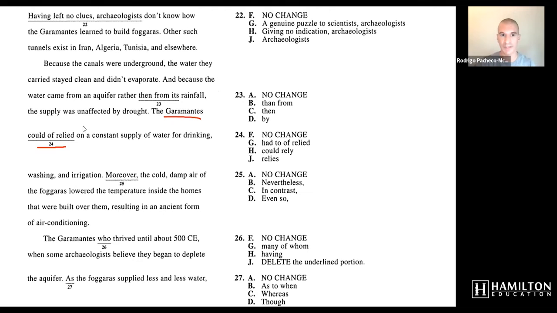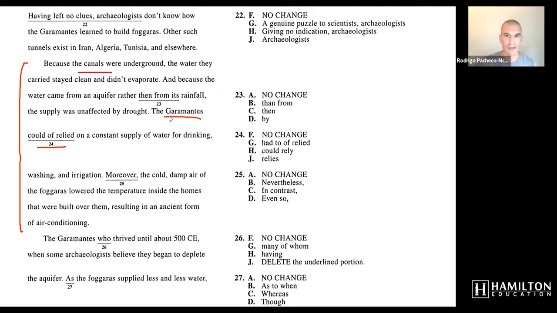So the Garamantes blank on a constant supply of water for drinking, washing, and irrigation. And we know that this is about this civilization. And this paragraph in particular is telling us about how the Garamantes created canals and the function of these canals.